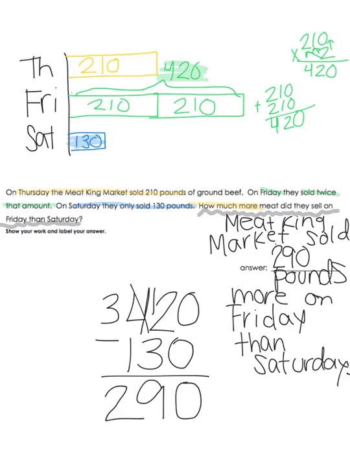All right, so that looks good. We know that Meat King Market sold 290 pounds more on Friday than Saturday.